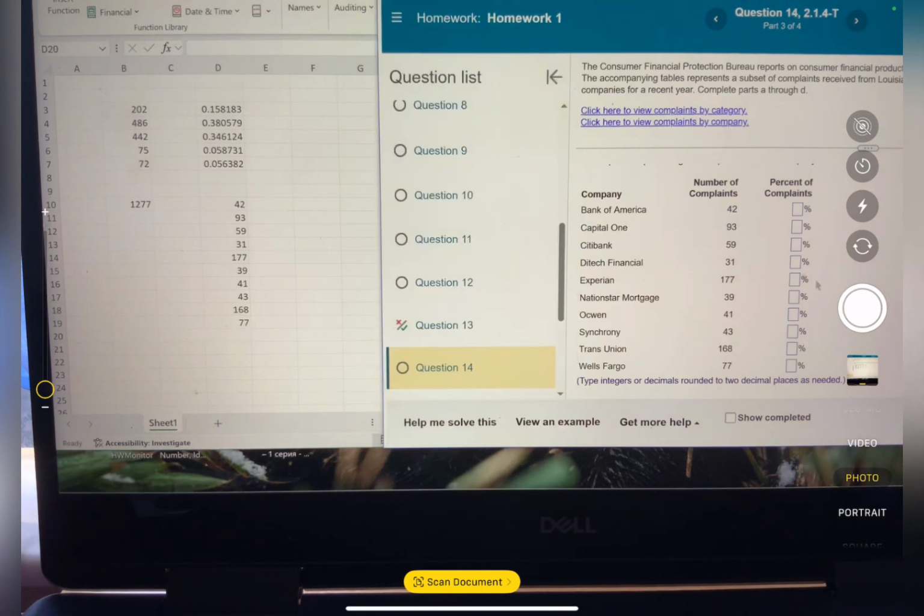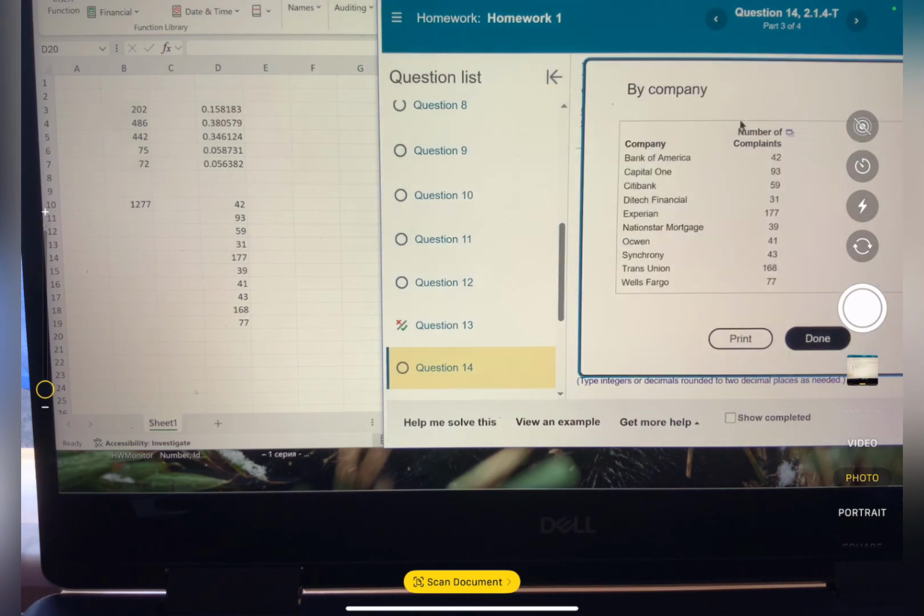Did we put everything? 1, 2, 3, 4, 5, 6, 7, 8, 9, 10. Okay. Oh, here we had complaints by companies. We could have opened and copied. Well, too late. I already typed it.